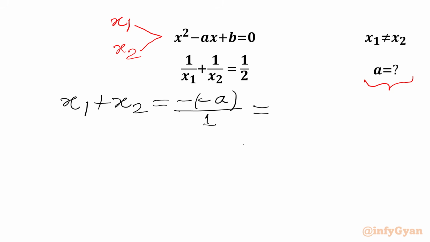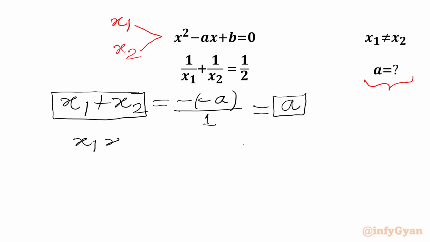Minus times minus becomes plus. So x1 plus x2 is a. Now we'll find product of roots. So we will write here x1 times x2, which is equal to constant over leading coefficient. Here constant is b, leading coefficient is 1. So x1 times x2 would be b.